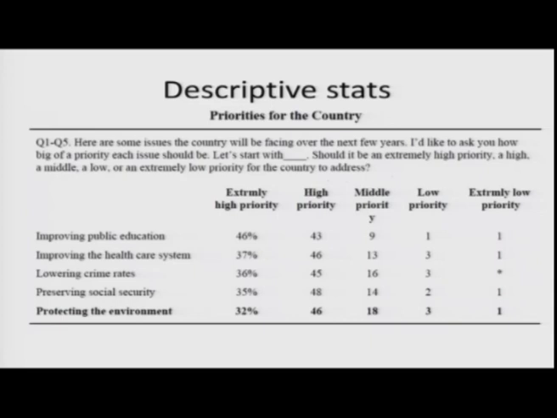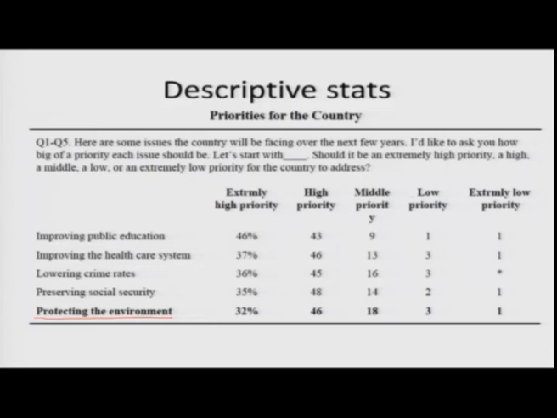This was the question asked to people who participated in the survey, and how people responded has been tabulated here. If you look at this table: improving public education, improving the healthcare system, lowering crime rates, preserving social security, protecting the environment. This has been made bold because this was the focus area.